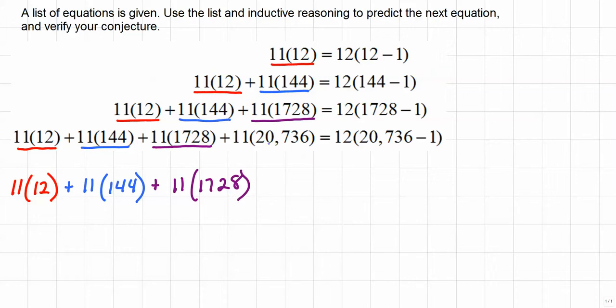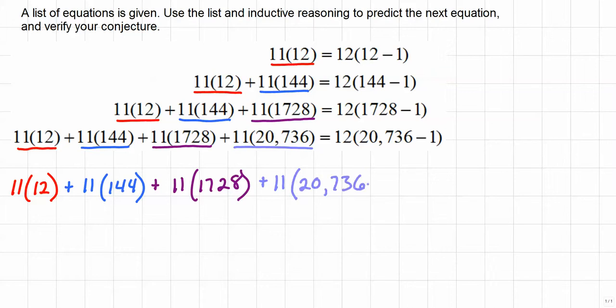Then we notice that there is this 11 times 20,736. Since the last term in each previous equation gets included in the next equation, it is okay to assume that it will be included again.